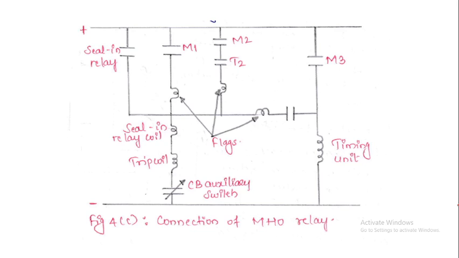So we provide flags, and those indicate the operation of the relays. So M1, M2, M3, as and when they operate, are indicated by these flags. For that purpose we use those flags. A sealing relay is used to bypass the contacts of the main relays to save their costly and delicate contacts.